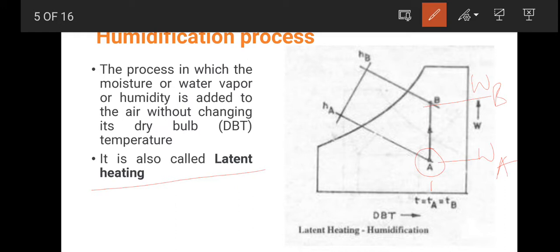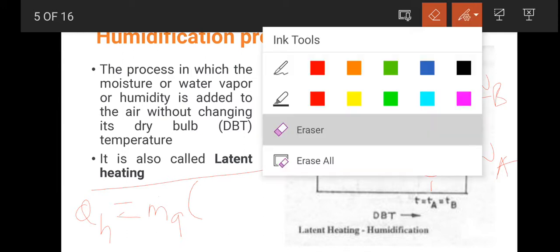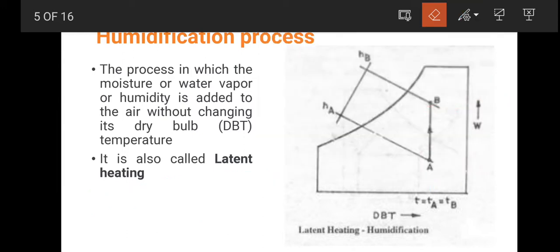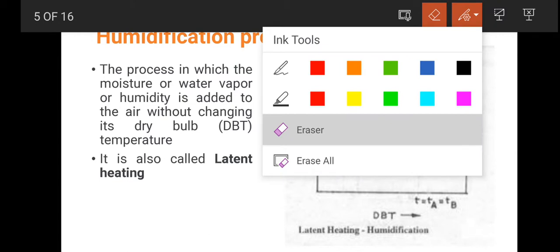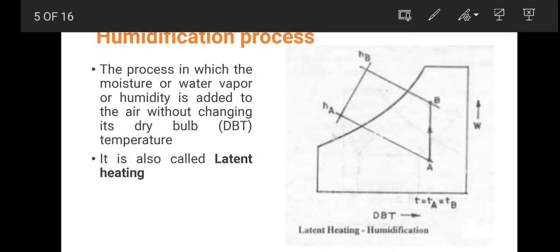Here again, for latent heating, Qh is equal to Ma times (hb minus ha).